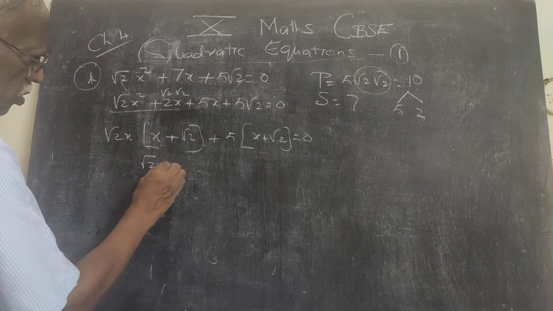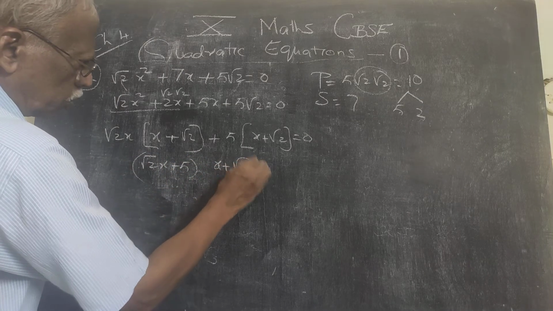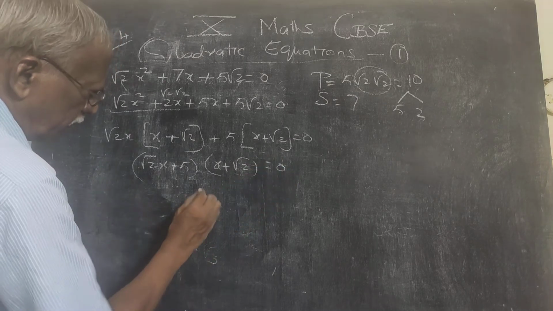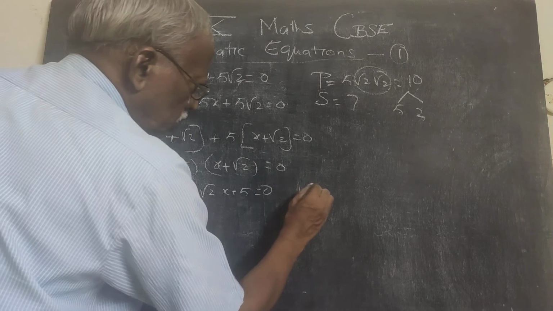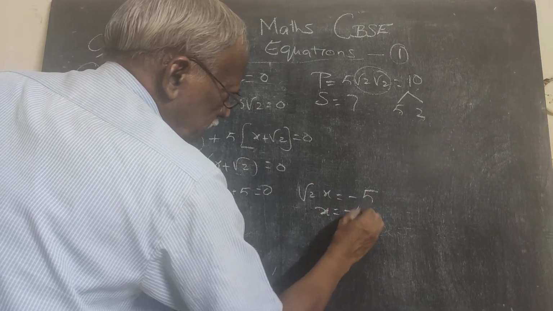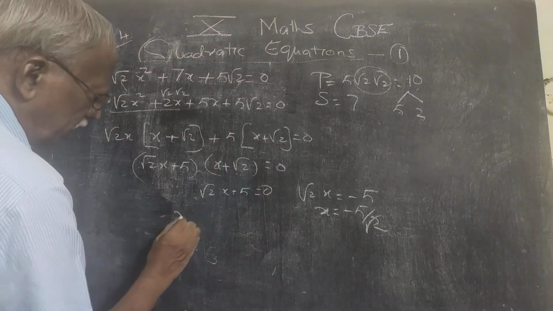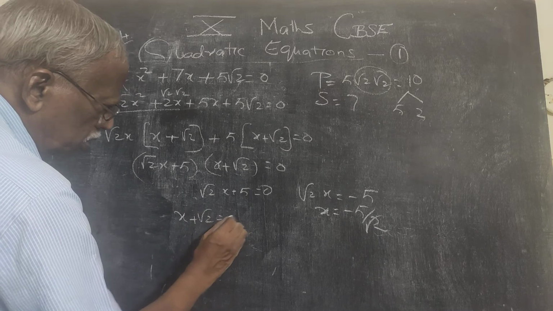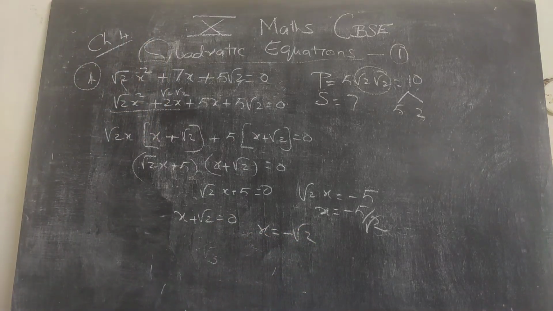So now you have root 2x plus 5 and x plus root 2. That means root 2x plus 5 equal to 0, root 2x equal to minus 5, x equal to minus 5 by root 2. The other factor is x plus root 2 equal to 0, so x equal to minus root 2. So the answer is x equal to minus 5 by root 2 and minus root 2.